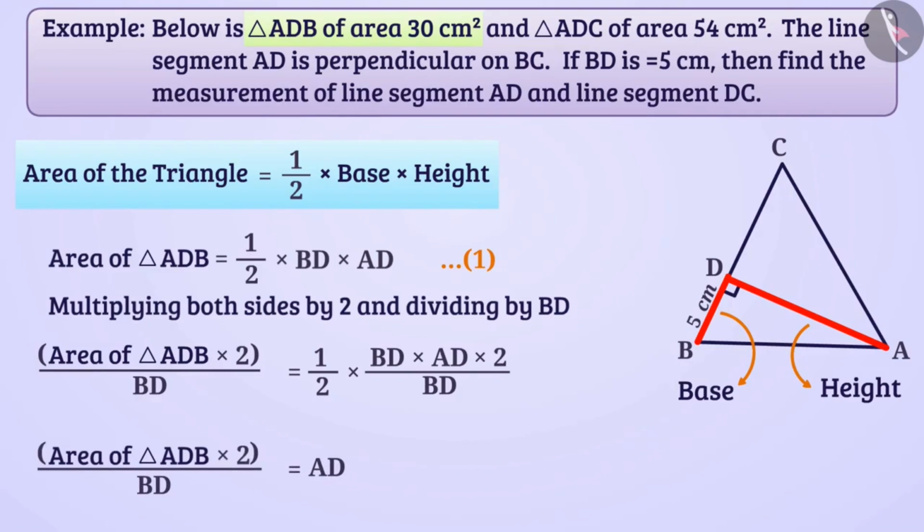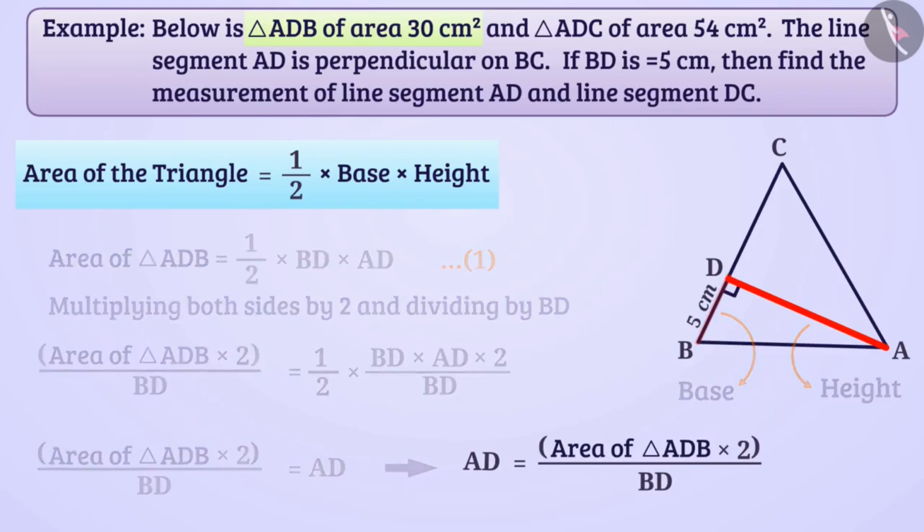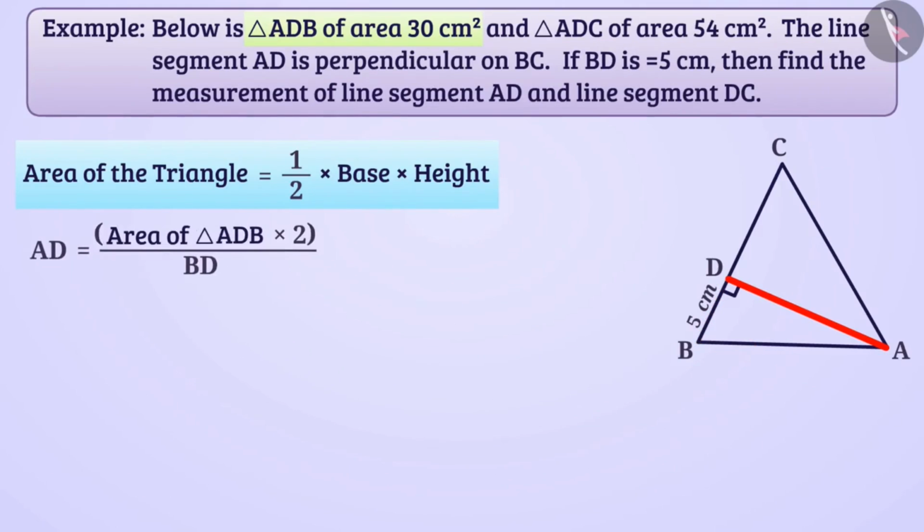We can write this as AD is equal to area of triangle ADB multiplied by 2 divided by BD. Since the area of triangle ADB is 30 square centimeter and the length of line segment BD is 5 centimeter, we get AD is equal to 12 centimeter.